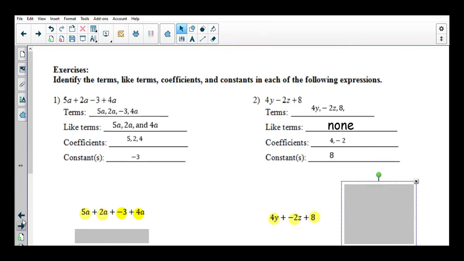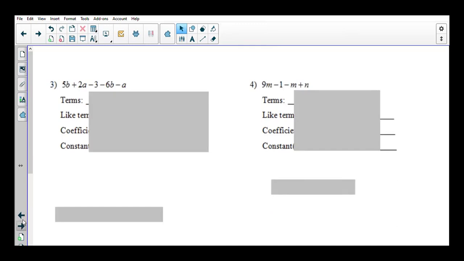All right, number 3. We have 5b plus 2a minus 3 minus 6b minus a. I rewrote this as 5b plus 2a plus negative 3 plus negative 6b. And for the minus a, I wrote it as plus a negative 1a. If there is no number in front of a variable, you can put a 1 in front of it.